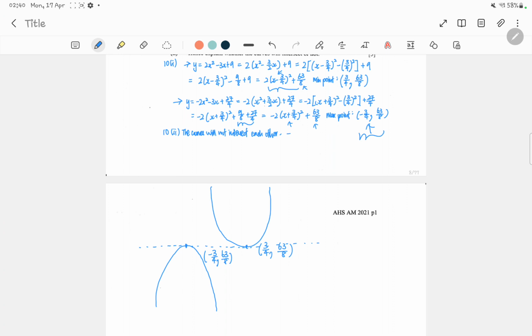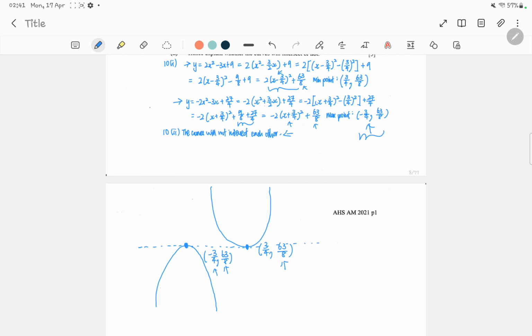Very clearly, the curves will not intersect each other, because the maximum point of this curve and the minimum point of this curve both share the same y coordinate. That's why I draw this horizontal dotted line. But although they share the same y coordinate, 63 over 8, the x coordinates of the two points are different.